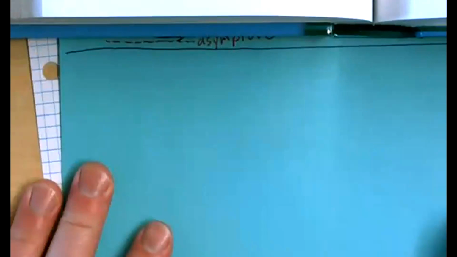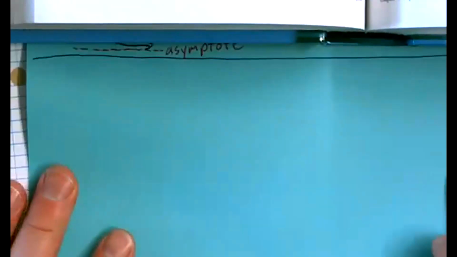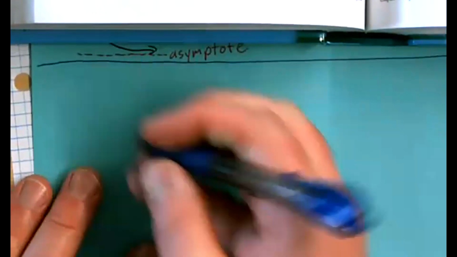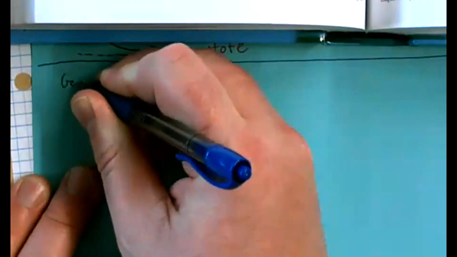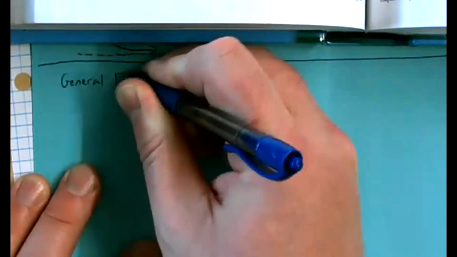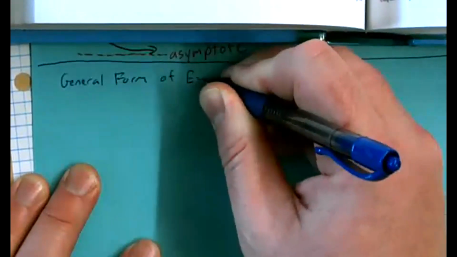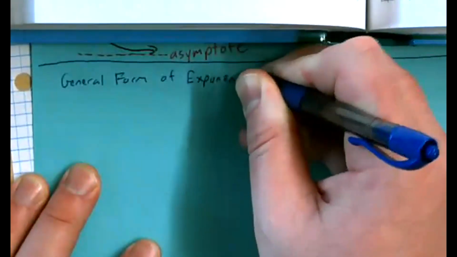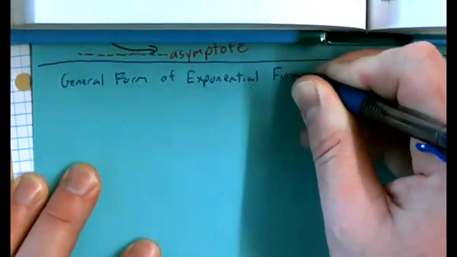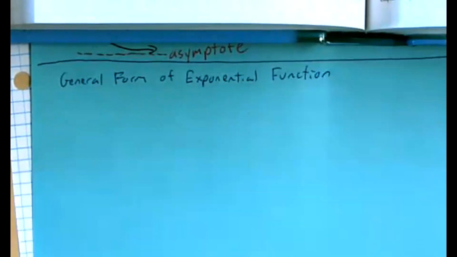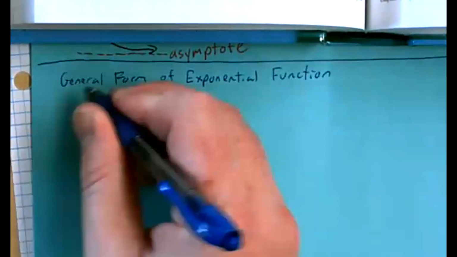So to start off, I'm going to put this first thing right in our packets. And this is going to be the general form of an exponential function. General form of an exponential function.